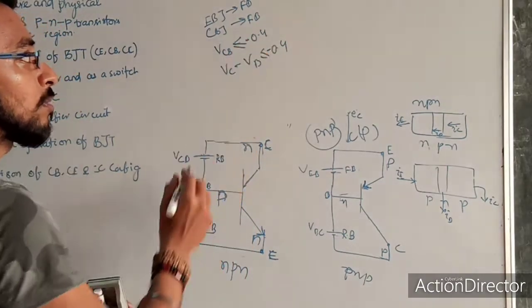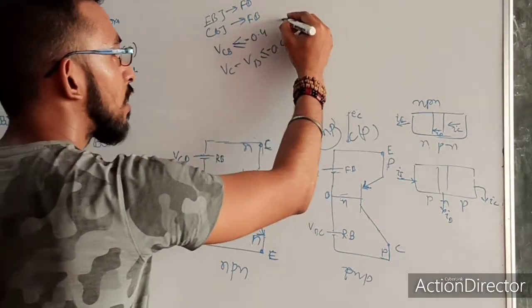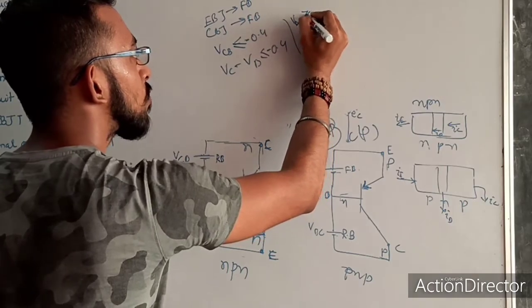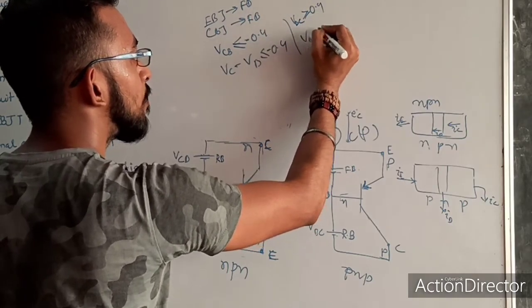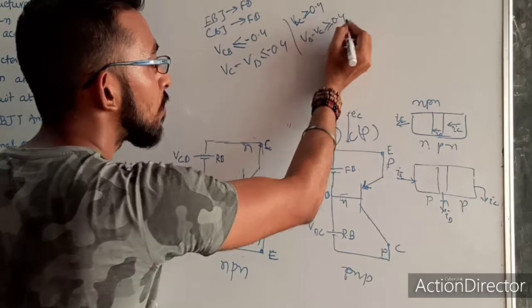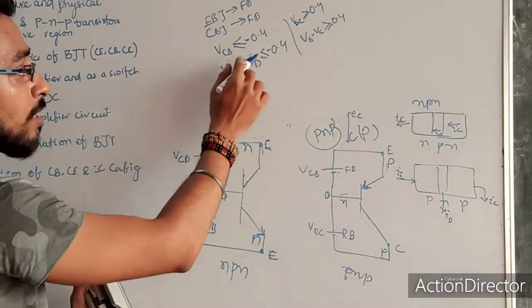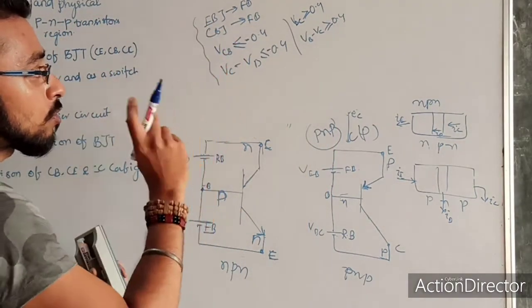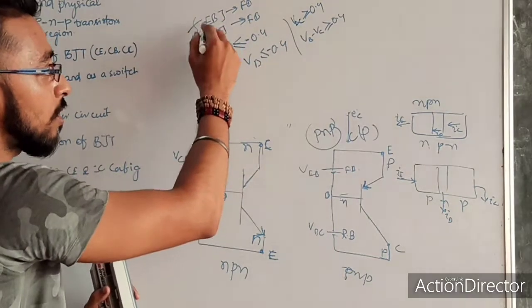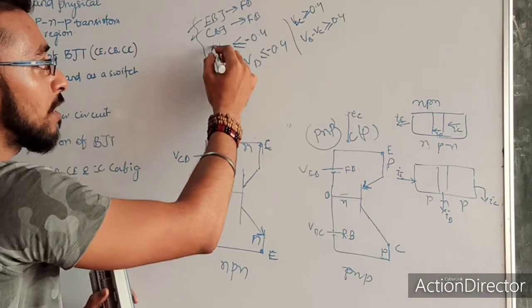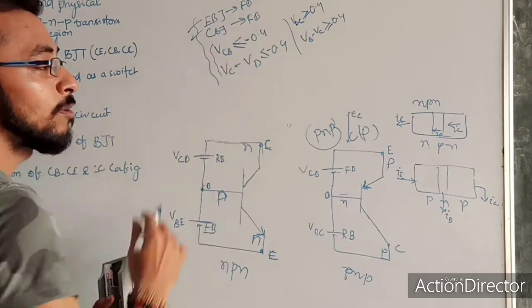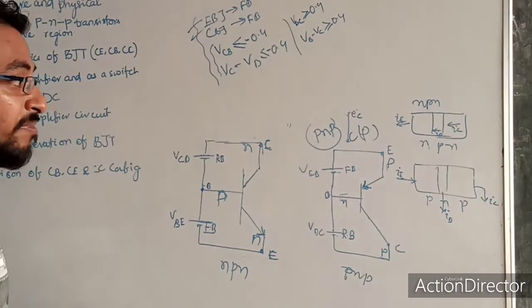Or in another way I can say VBC should be greater than or equal to 0.4, that is VB minus VC greater than or equal to 0.4. Is it clear or not? I have already discussed this point. So these are the two conditions: one is that both are in forward bias, and the second is the VCB value of 0.4. That is for NPN.